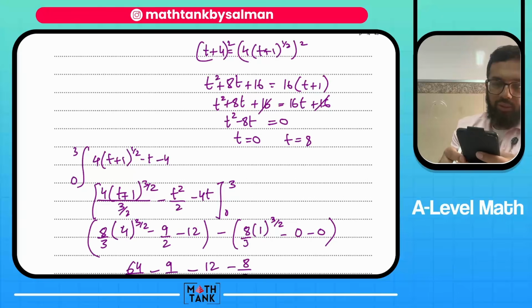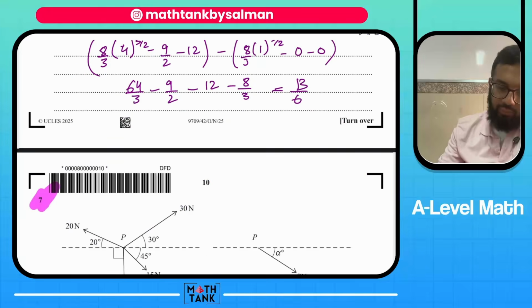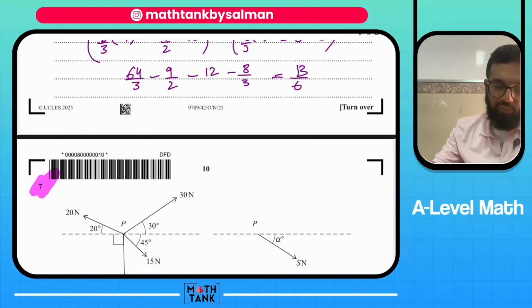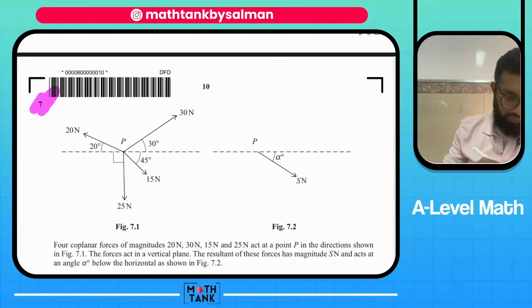I made typing mistakes. The answer that I am getting is 13 over 6. Yes, and that is the correct answer. Okay, so time consuming but easy question. Let's move on to the last question for this paper.